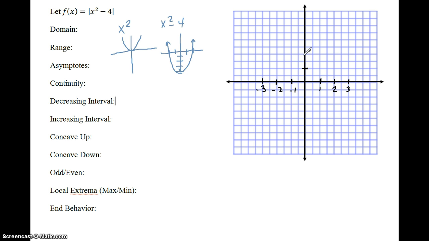That means you gotta go 1, 2, 3, 4. And this was at negative 4, so now it's at positive 4. We're going to go down to negative 2, so it's going to go like this. And then this one's going to curve down like this, and then come back up like that. So we're going to have some sort of little W here.